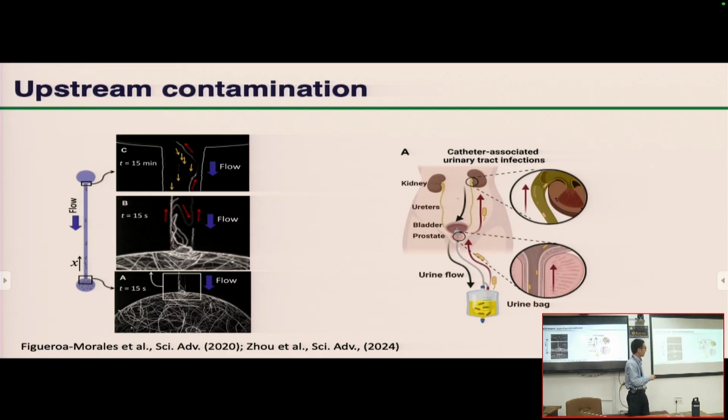This bag is stationary. It's going to sit there for a day or so, depending on the protocol of the hospital. But nonetheless, in the stationary bag, bacteria can develop, and once you have bacteria in there, when you have flow coming down, it's going to migrate upstream and get into the urinary tract, which will cause infections.